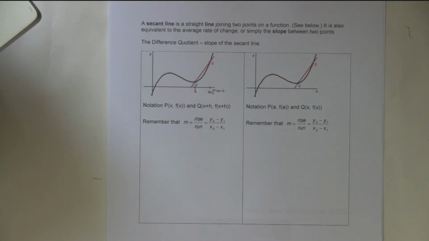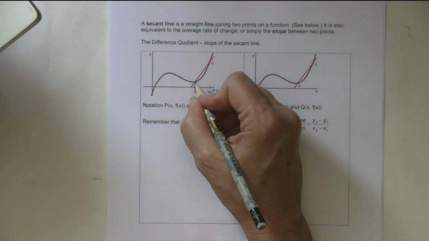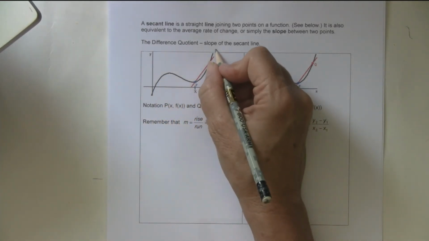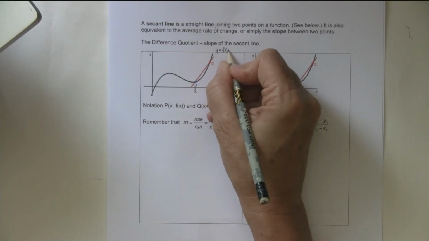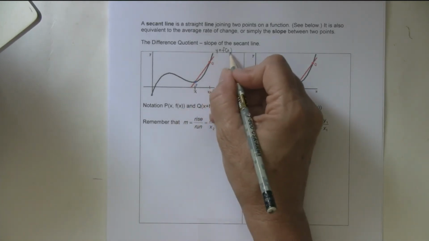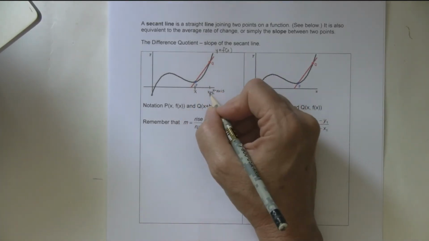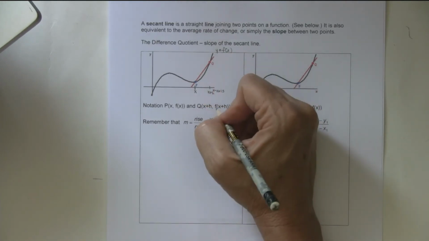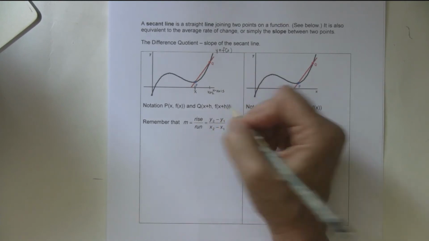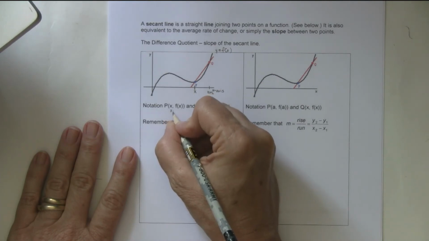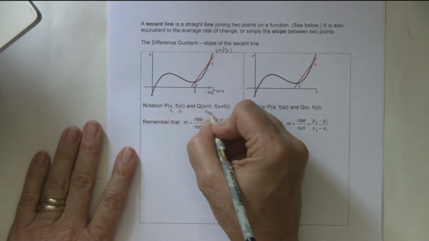And so now when I start looking at the ordered pairs that I have, this is the function y equals f at x, so the y value, when you plugged in x, would be f of x. And when you plugged in x plus h in there, it would be y equals f of x plus h, right? So if I use my slope, this is my x1, y1, and this is my x2, y2.